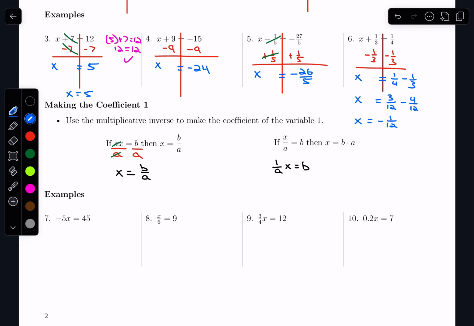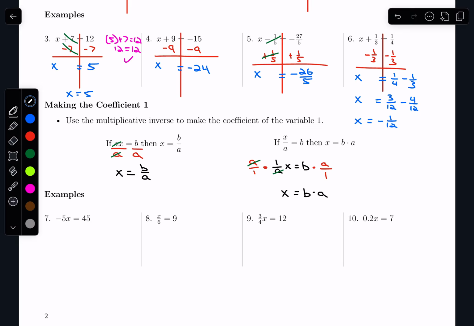I can multiply by the reciprocal of 1 over a, which is a over 1, and I do that on both sides. On the left side, the a on top and the a on bottom cancel to just give me x. And on the right side, b times a over 1 is just b times a. So we end up with the exact same thing either way.